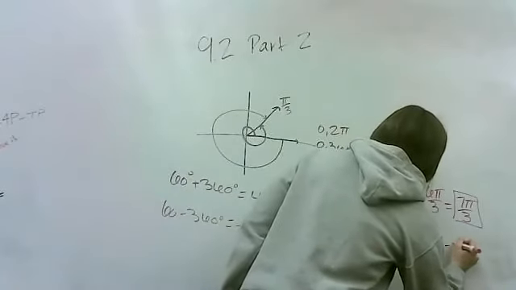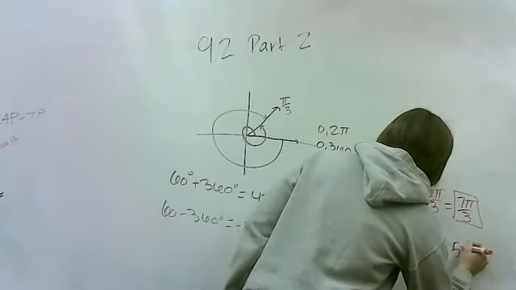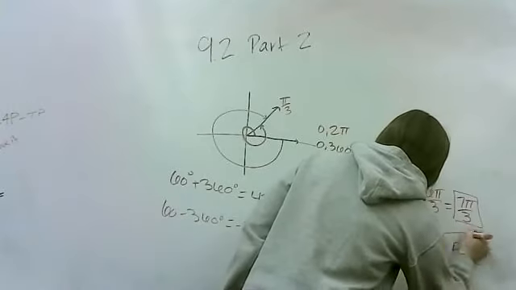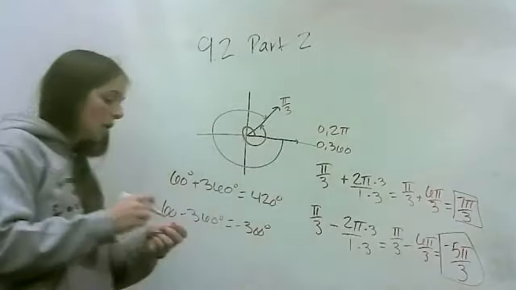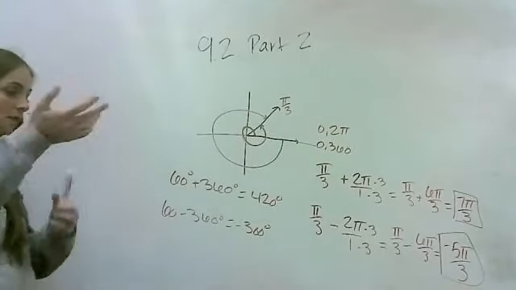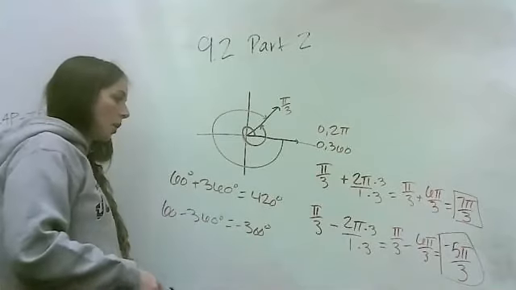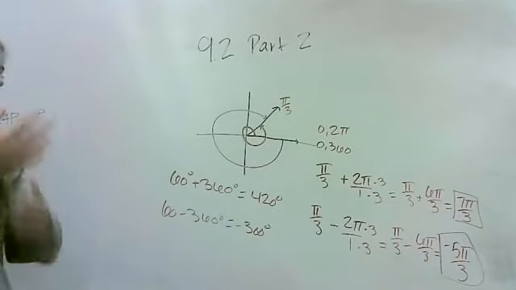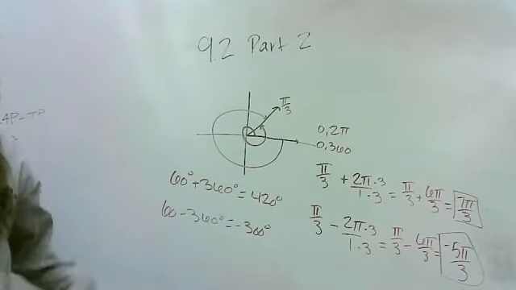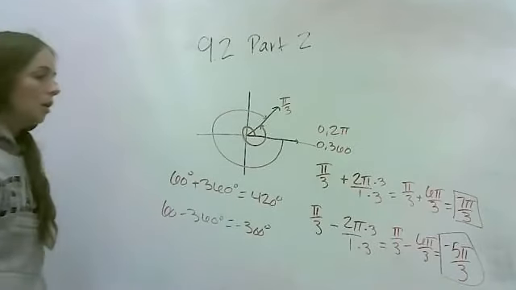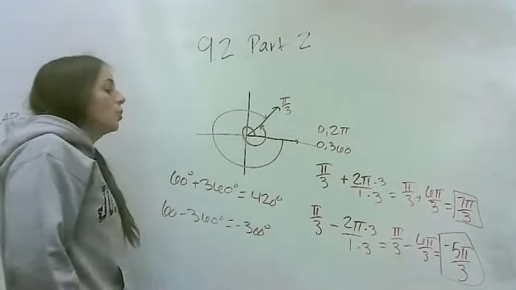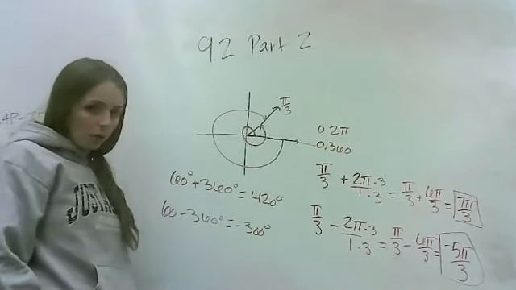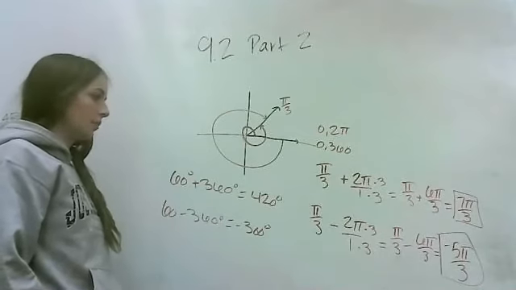So this goes into negative 5 pi over 3. If you do this correctly, you will end up with a positive and negative version for the most part, especially if you're starting with a positive angle, you'll end up with a positive and negative coterminal angle if you're doing one of each. Okay, that is how you're going to find coterminal angles dealing with radian measures.